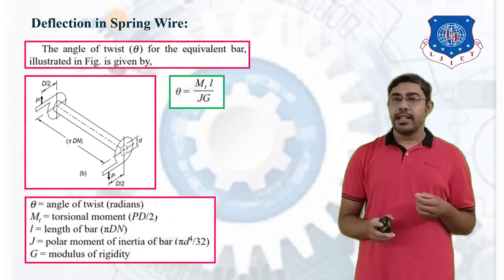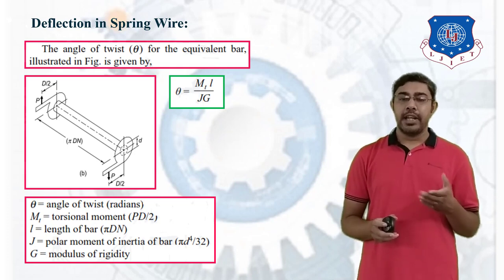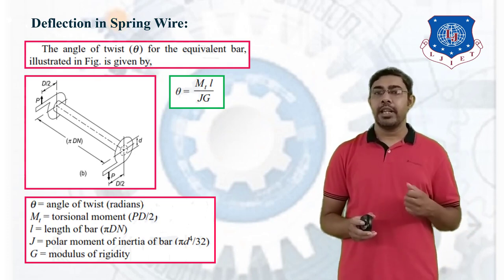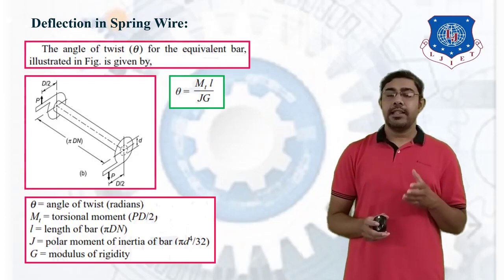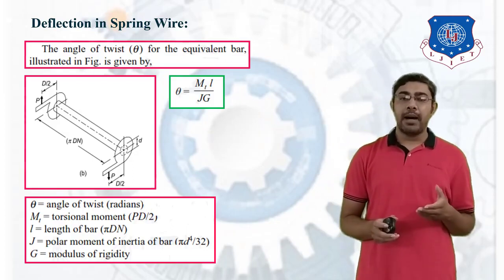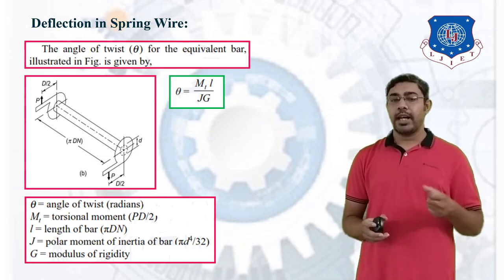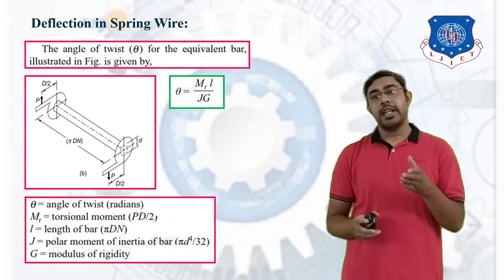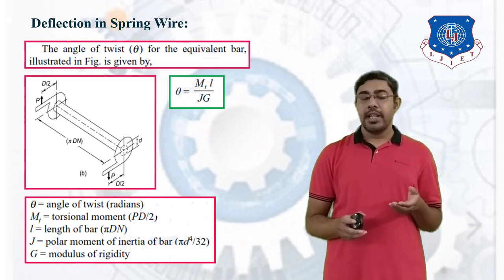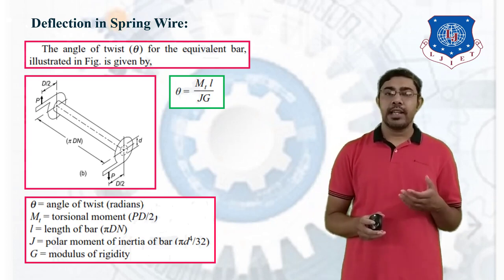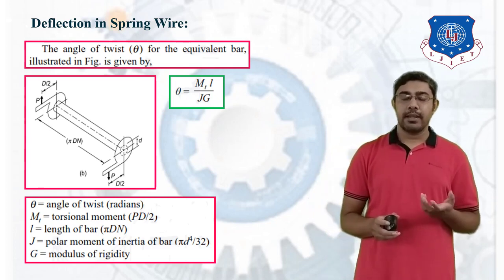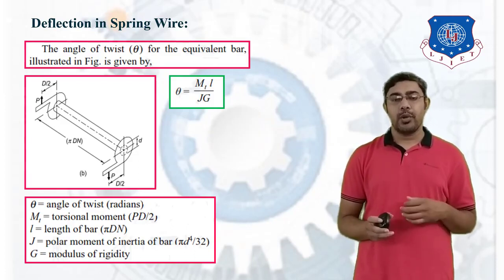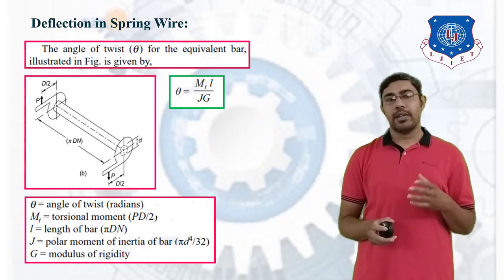Here theta is the angle of twist in radians, Mt is the torsional moment, that is PD divided by 2, and L is the length of the bar. So the length of the wire is pi D, and J is the polar moment of inertia of the wire, or you can say bar. It is nothing but pi by 32 d raised to 4, and G is the modulus of rigidity.